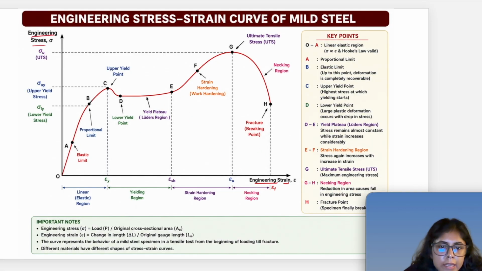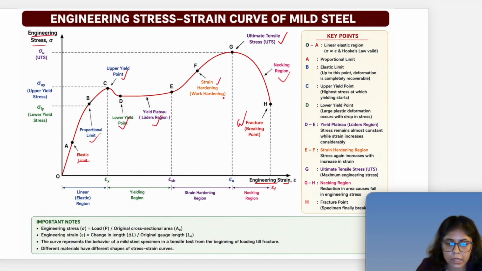We can see that there is an elastic limit, a proportional limit, an upper yield point, a lower yield point, and then we have the yield plateau, then the strain hardening region, and then the ultimate tensile stress, and then we get the neck-in region, and then fracture happens, right? These are the points that are there under mild steel. We'll be explaining them separately, but this is how a mild steel stress strain curve looks.